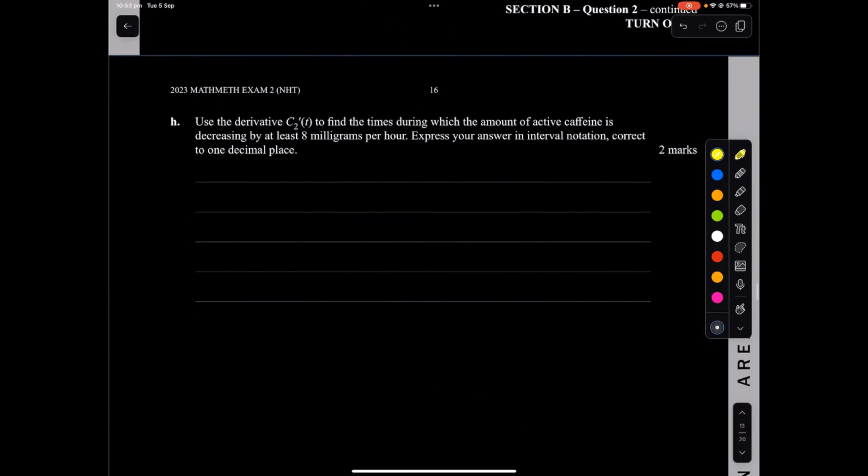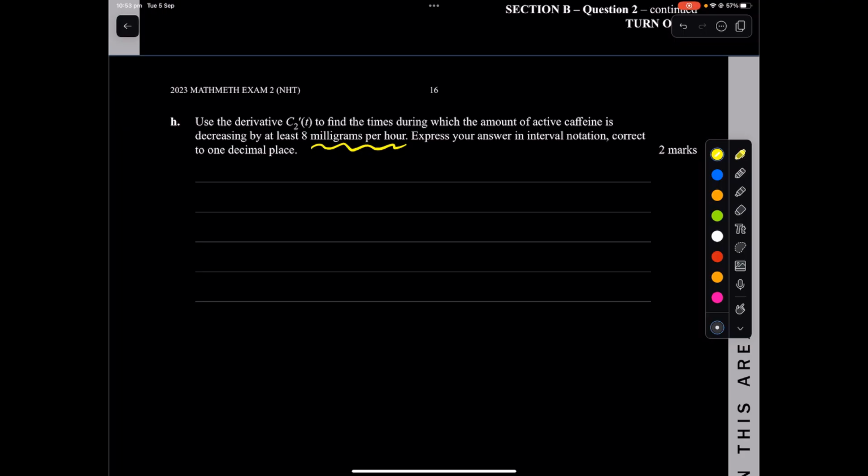Perfect. Use the derivative C on T to find the times during which the amount of active caffeine is decreasing by at least 8 milligrams per hour. So here is a rate, so we have to use the derivative. Express your answer in interval notation, correct to 1 decimal place.